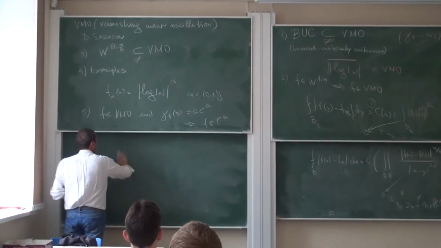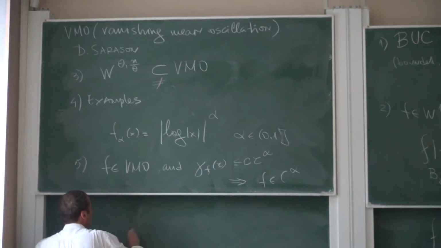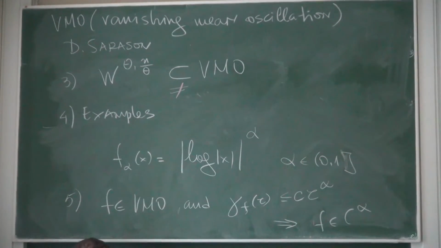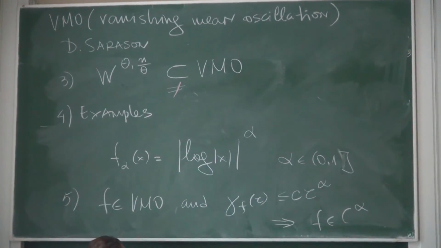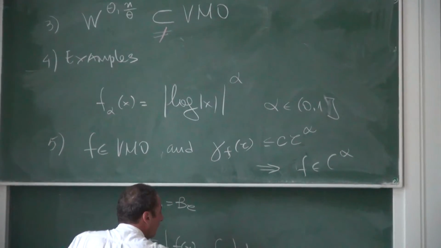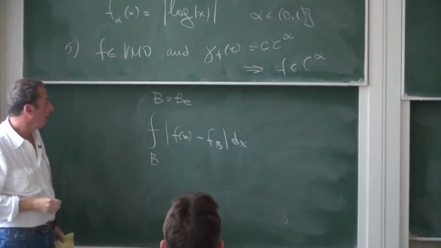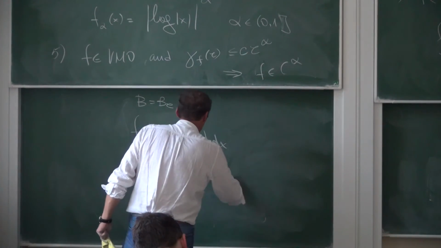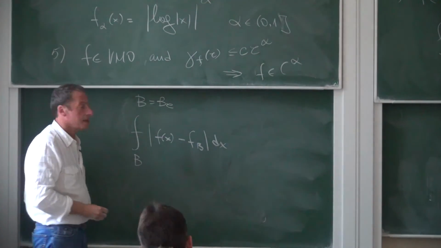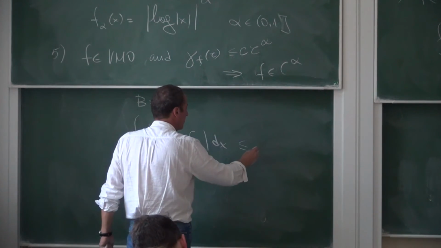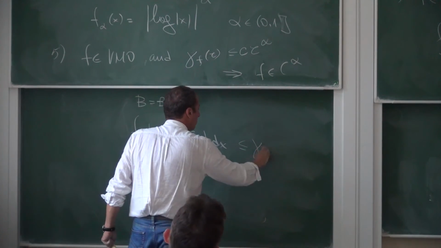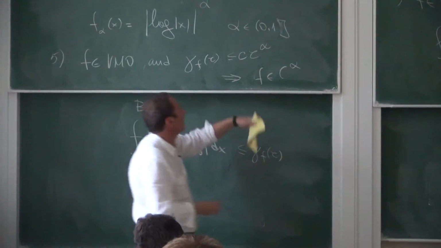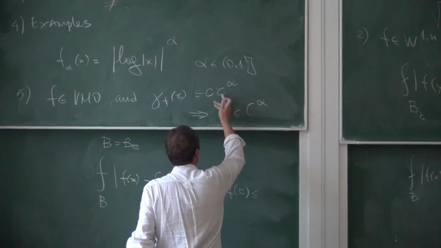Of course, let us consider a ball with radius r. You are taking the mean oscillation. Taking the supremum with respect to all balls of radius r, this will be less than the VMO modulus, and this is less than this quantity here.